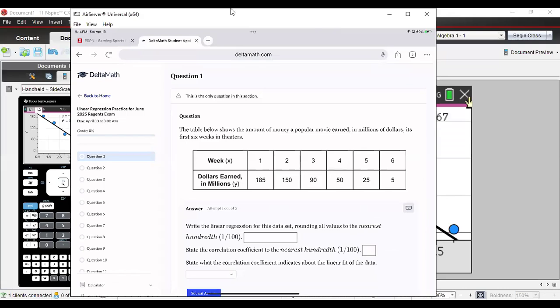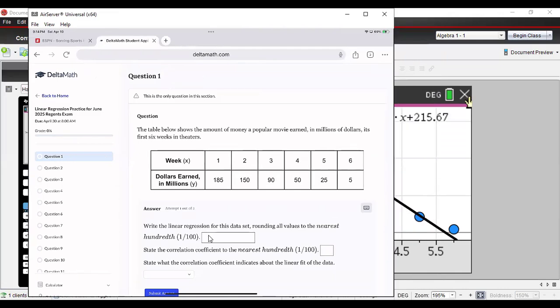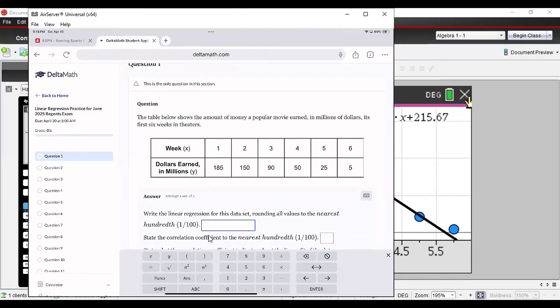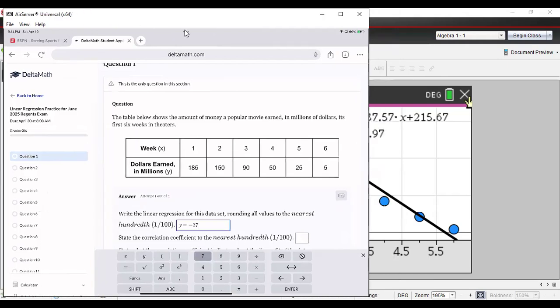So it's going to be y equals negative 37.0.57x. Wait, what was it? y equals negative 37.57x plus 215.67. All right, so that is the equation, and it's rounded to the hundredths place.